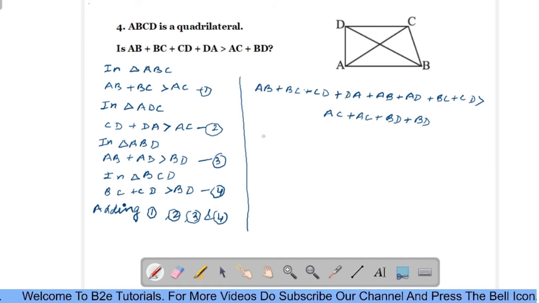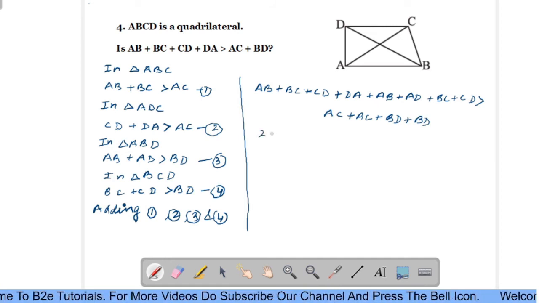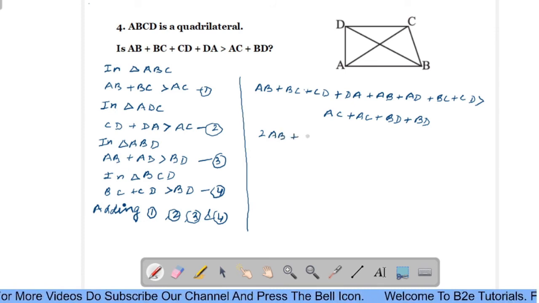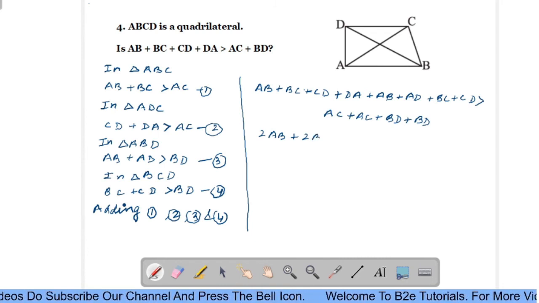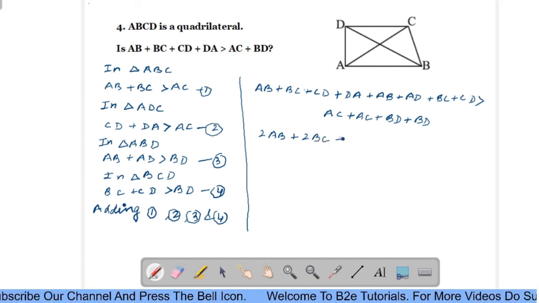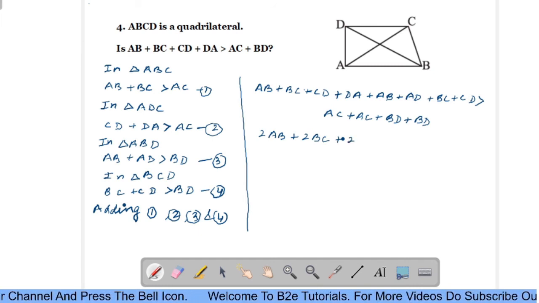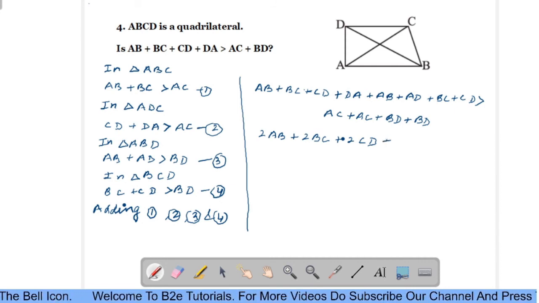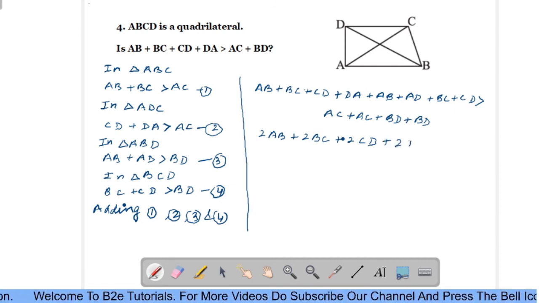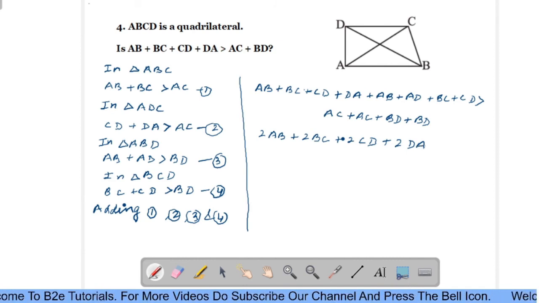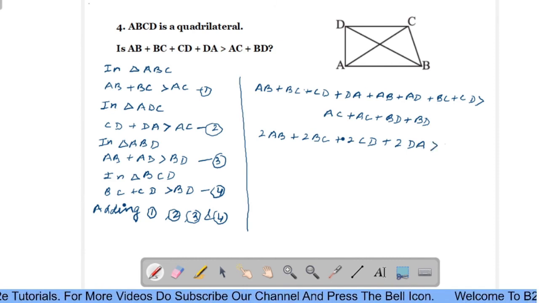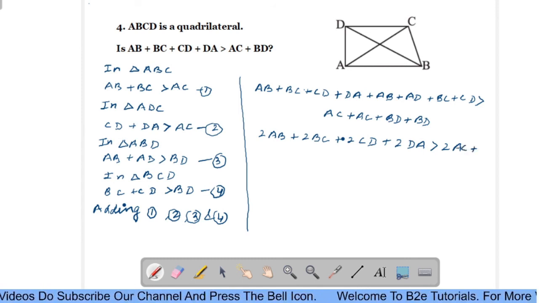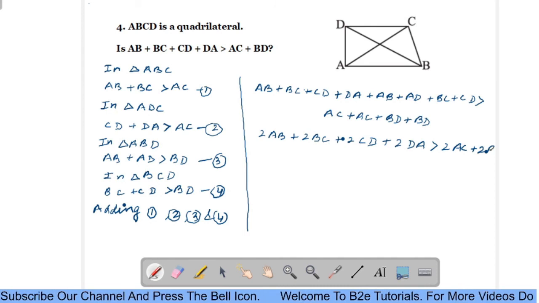Here AB and AB, it is twice AB. Then BC and BC, it is twice BC. CD and CD, it is twice CD. And DA and DA, it is twice DA. Is greater than AC and AC, it is twice AC. And BD and BD, it is twice BD.